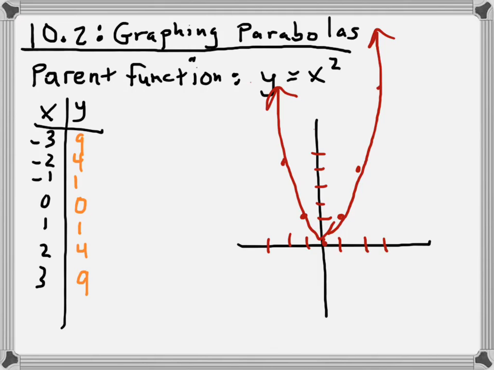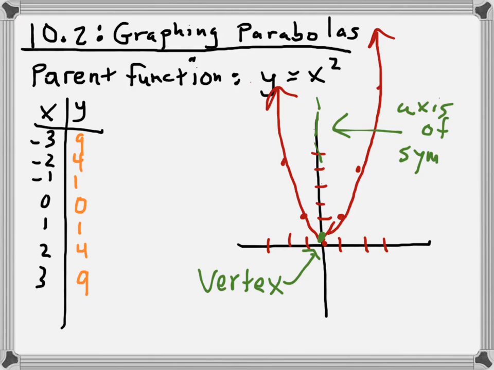Okay, a couple things about the parabola before we move on. Right here, this spot is called the vertex, and it's the lowest point, the minimum value in this parabola. And right here, straight down the middle, is, in this case, what we're going to call the axis of symmetry, because it is purely exactly symmetric about, in this case, the line x equals 0.